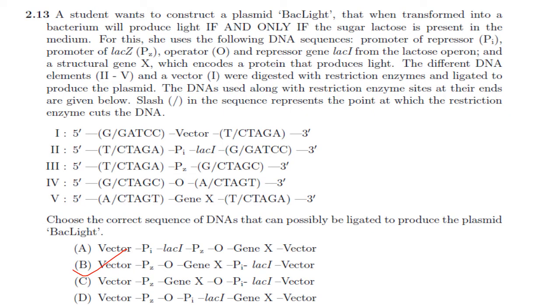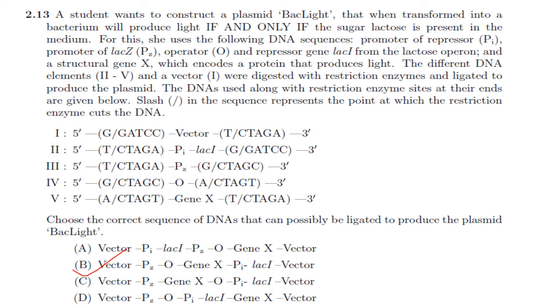A student wants to construct a plasmid backlight that when transformed into a bacterium will produce light if and only if the sugar lactose is present in the medium. For this, she uses the following DNA sequences: promoter of repressor, promoter of LAC-Z, operator and repressor gene LAC-I from the lactose operon, and a structural gene X which encodes a protein that produces light.